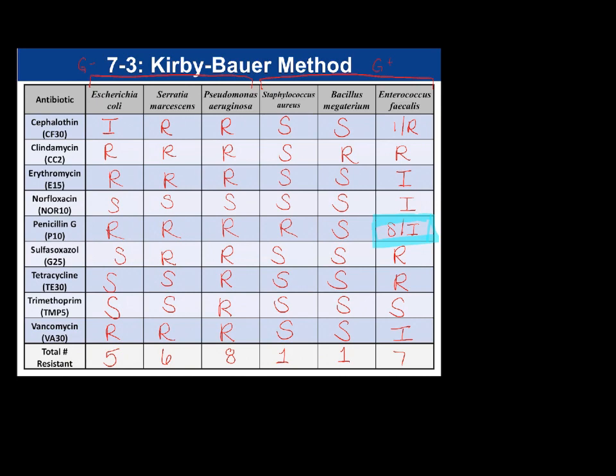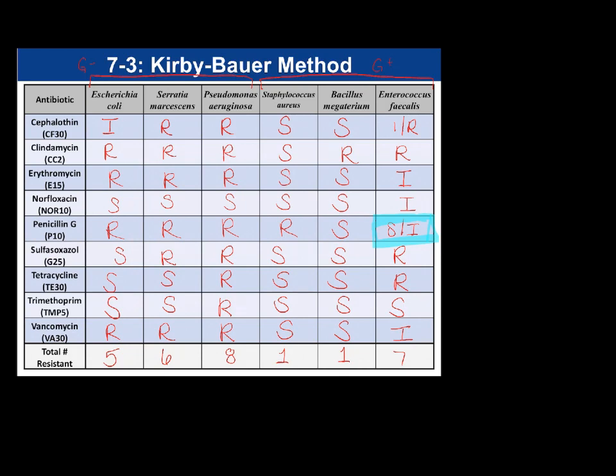Now, I've had students argue both sides of this, and some students argue, yes, prescribe it because it does work, just prescribe it at a higher dose because it does tend to be on that borderline intermediate, or some strains are showing intermediate. Another argument is, yeah, prescribe it because we're seeing a lot of intermediate and resistant strains to these drugs.